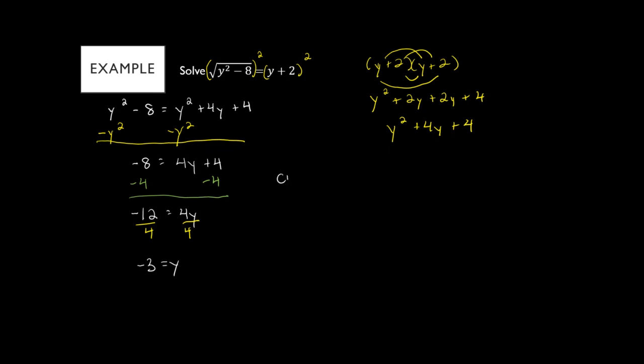And I do have enough room here, we can check this by hand. And then we can also check it on Desmos. So when we check it, we have the square root of y squared, so that's negative 3 squared minus 8, equals, and then y is negative 3 plus 2.